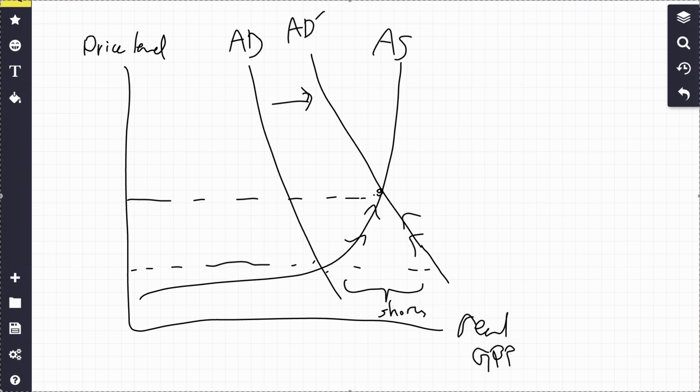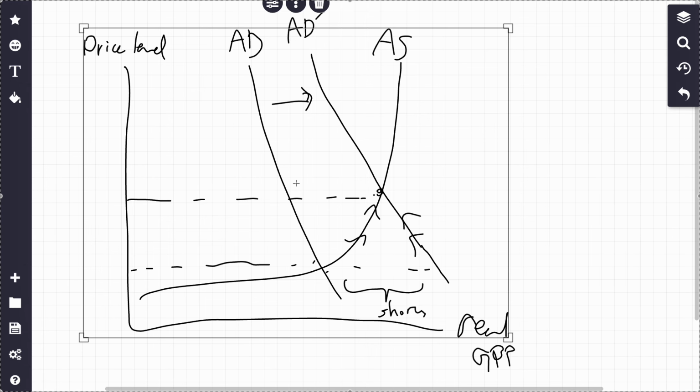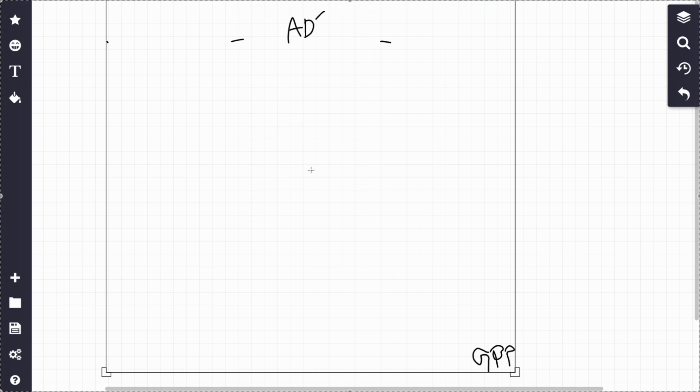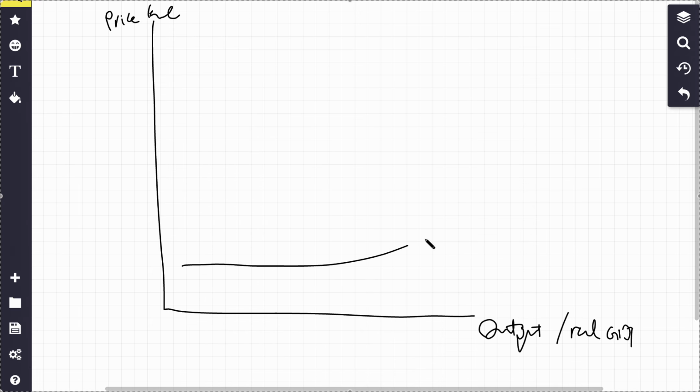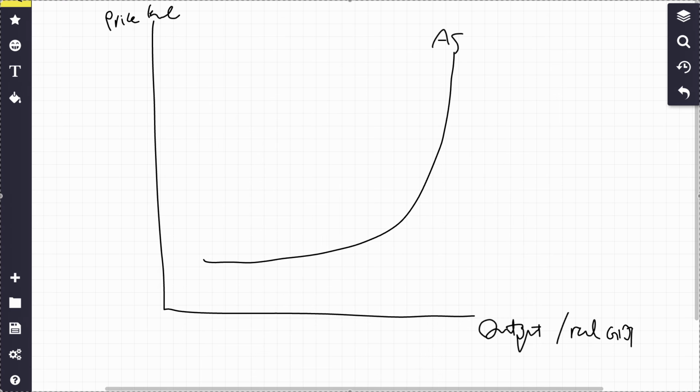Let's draw this again, and it's gonna look a bit different from what we have done. Okay, so we have output, real GDP, and price level, and we have AS and AD.